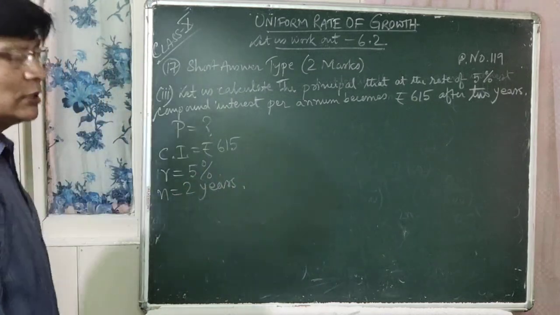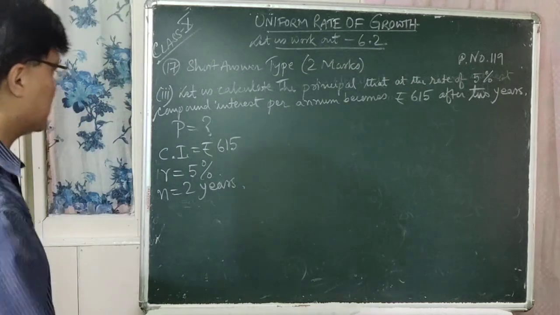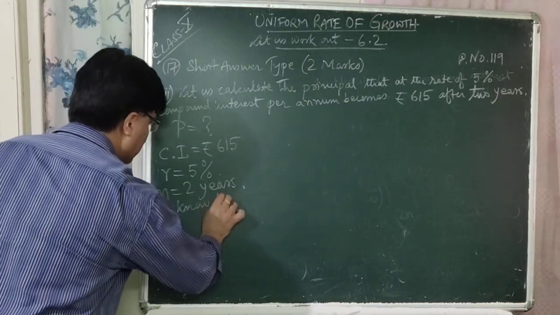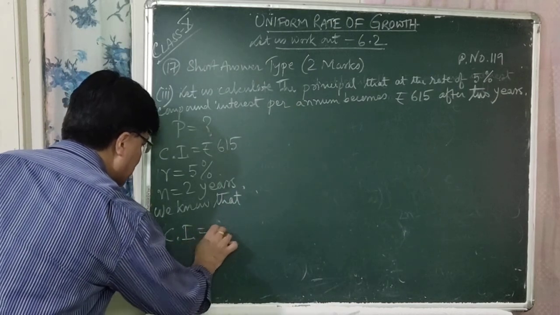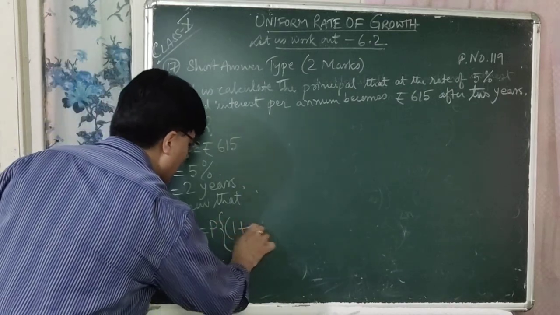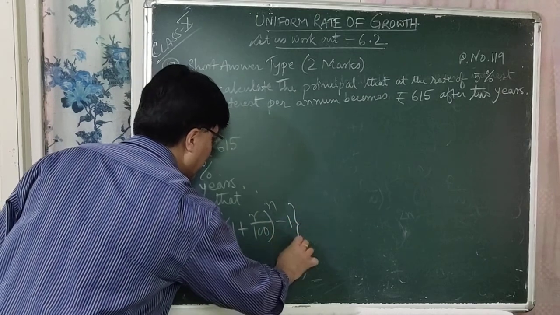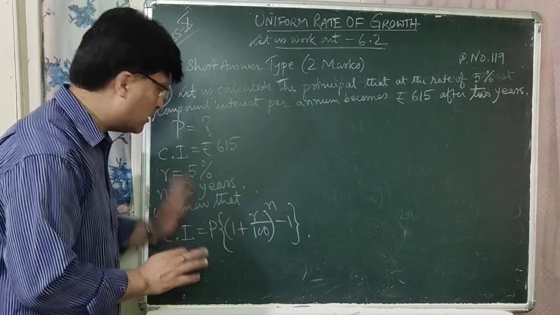Is that clear? So in this case, you have to write down the formula for compound interest. We know that CI is equal to P within second bracket, 1 plus R upon 100 whole to the power n minus 1, second bracket closed.